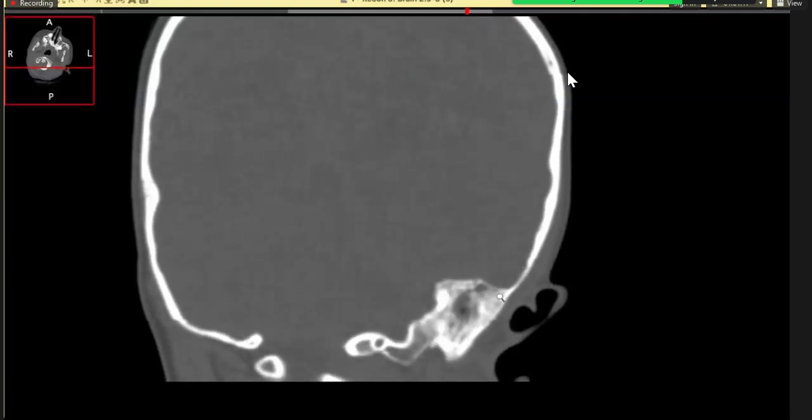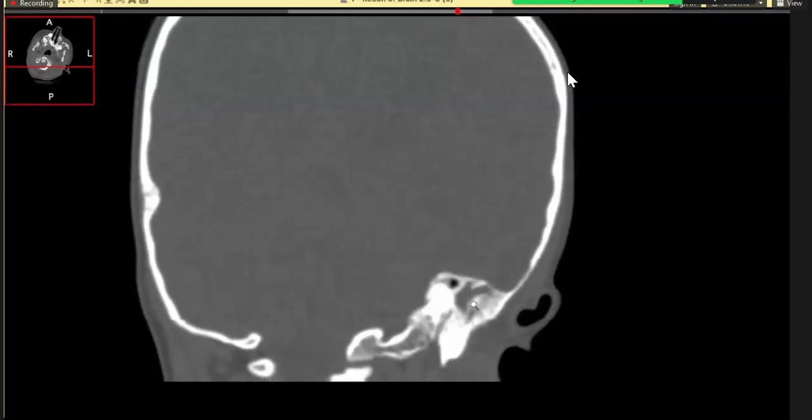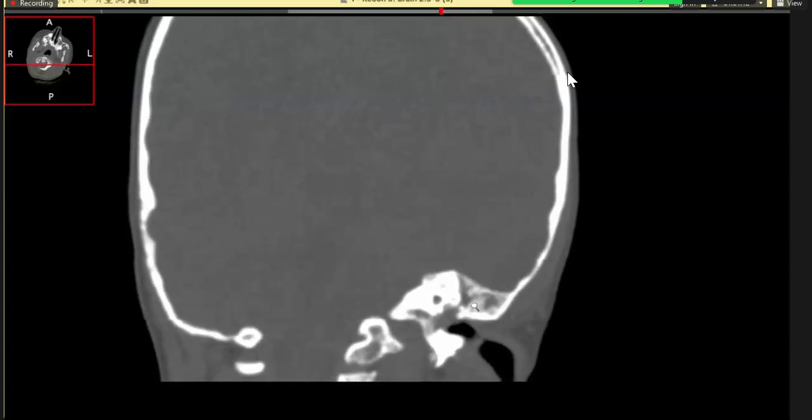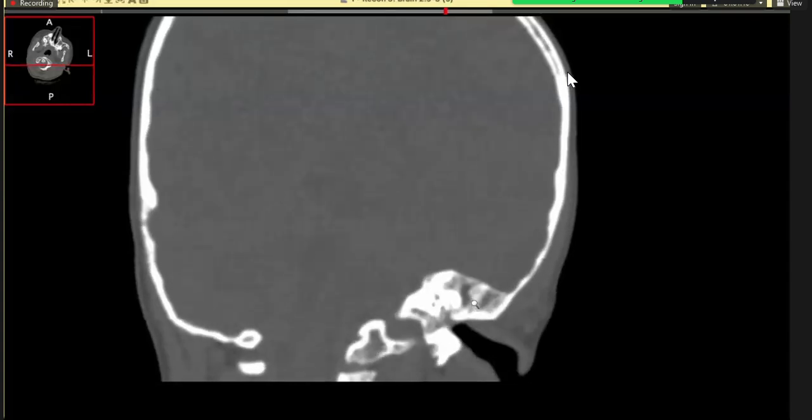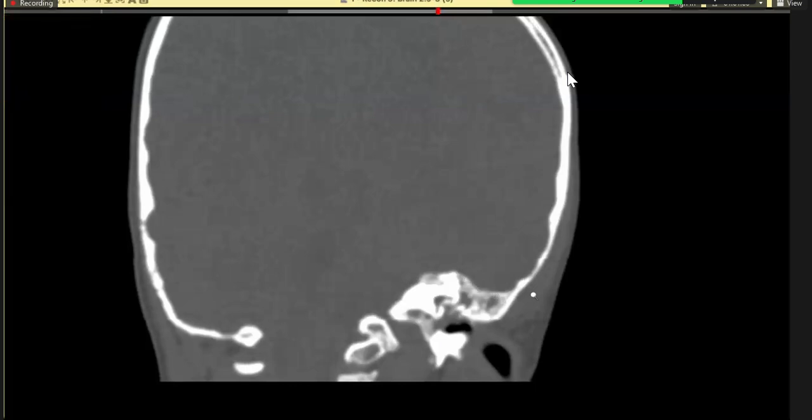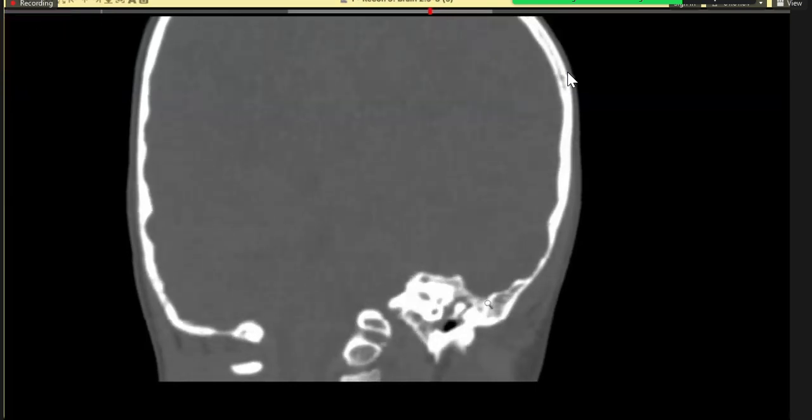So here the bone is thin. We are in the mastoid cells, and I don't know if it is projecting for you very well, but I think one can be convinced that there are subtle dehiscences, particularly here where I'm pointing out.